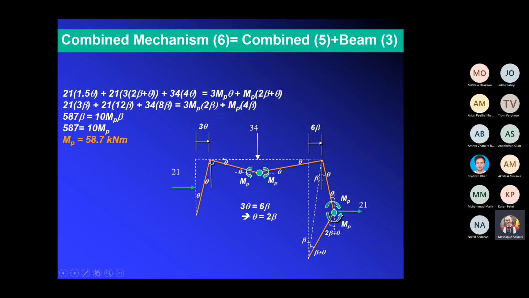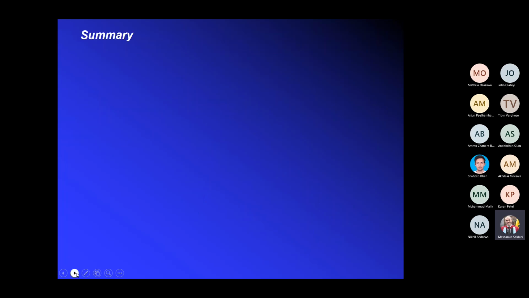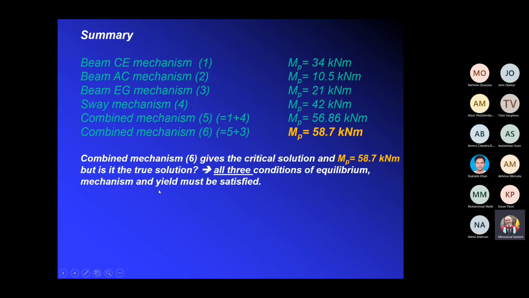We need to find the moment at these two joints and compare them with the critical MP in order to satisfy ourselves that the yield condition is satisfied.